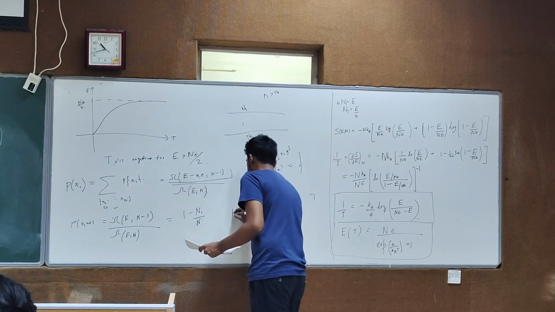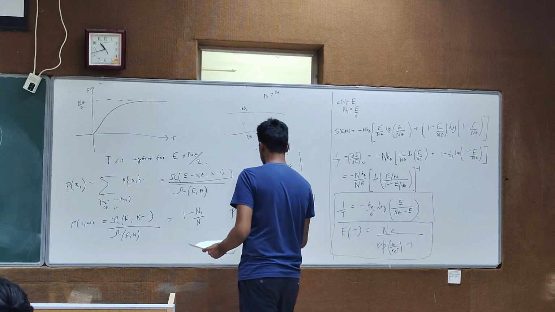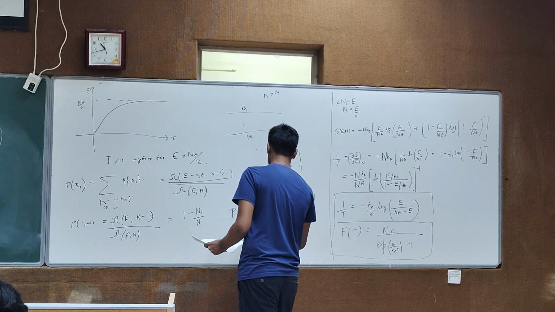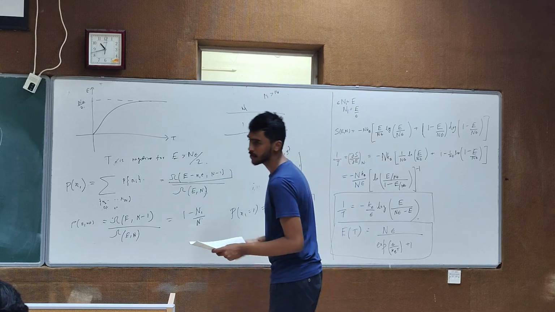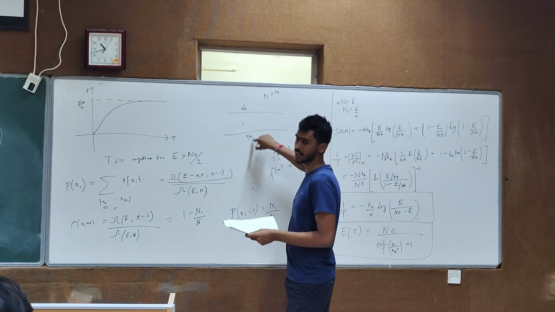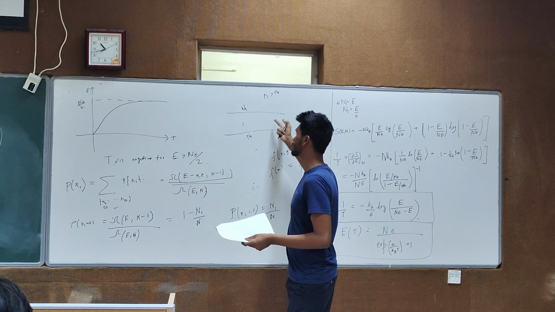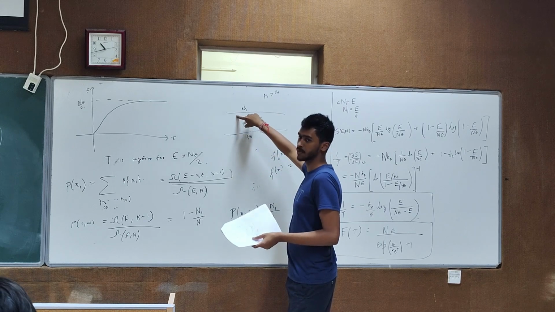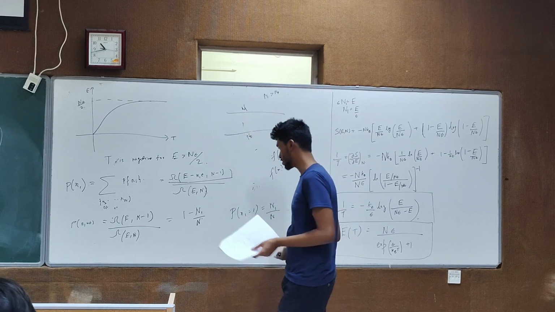So your P of n1 equal to 1 is 1 minus this, which comes out to be n1 by n, which is kind of evident if you see that there are n1 particles over here, n0 particles in equilibrium. So the probability that your system is in the state with energy E is n1 by n and so on.